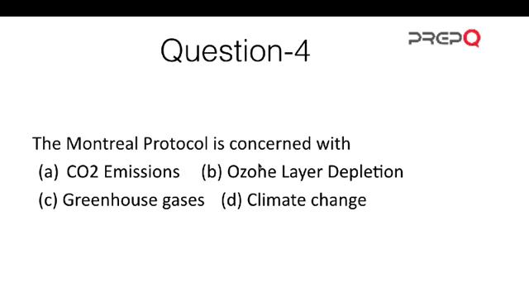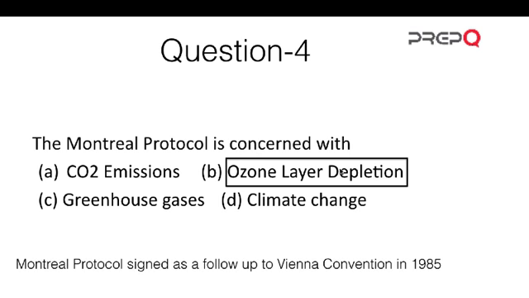Next, Montreal Protocol is concerned with, and the correct answer is ozone layer depletion. In fact, Montreal Protocol follows the Vienna Convention, which was held in 1985, where for the first time a multilateral agreement was signed to reduce the production of all substances that cause ozone layer depletion, basically substances like chlorofluorocarbons. And Montreal Protocol was a follow-up action on Vienna Convention.